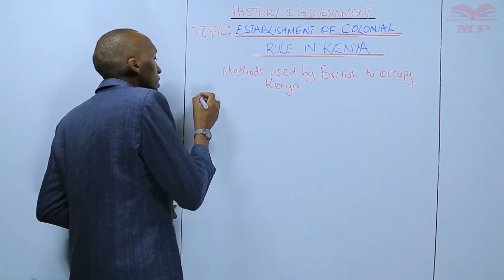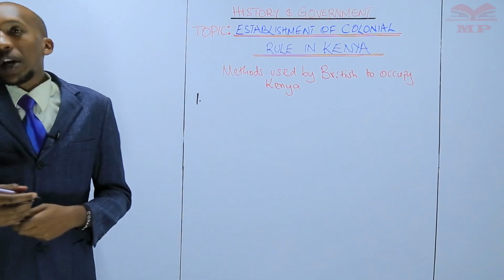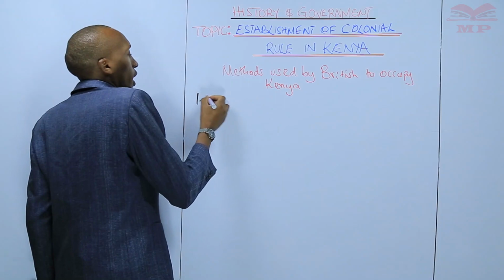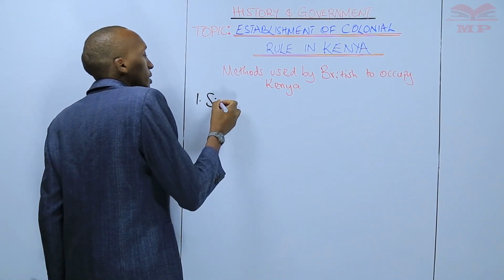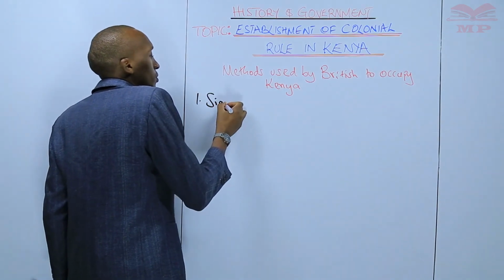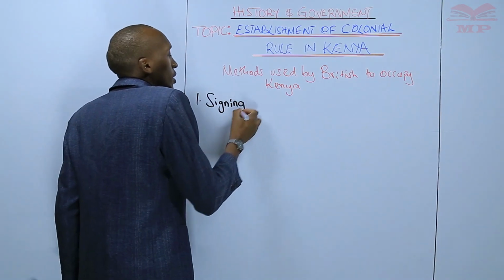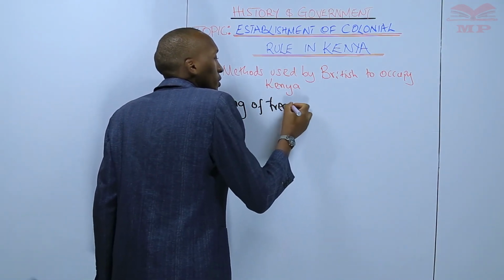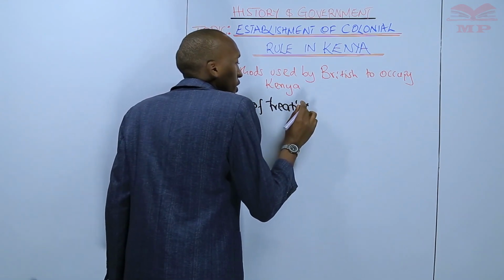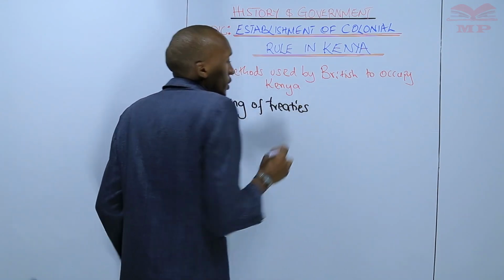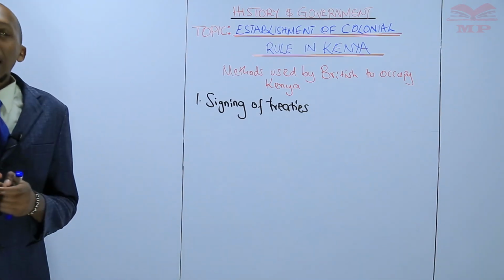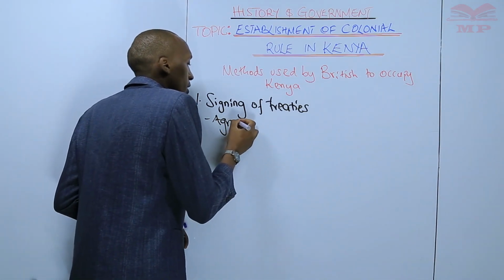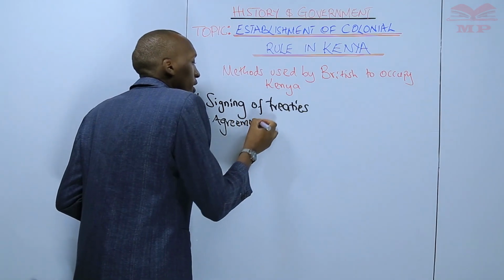So the first way in which they occupied Kenya was through signing of treaties. A treaty is an agreement.